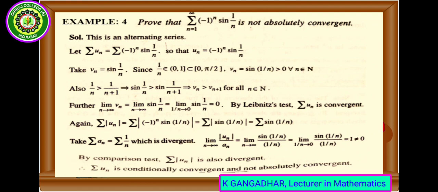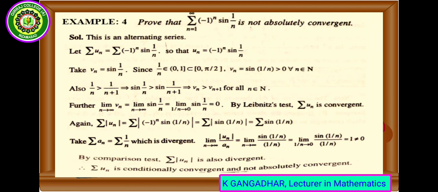So next sigma mod un. Sigma mod un means sigma mod sin 1 by n. So we find limit mod un. That value we get 1, and 1 not equals 0.